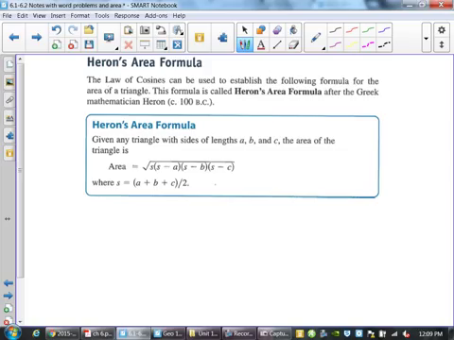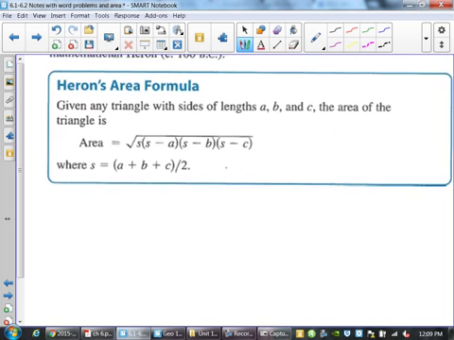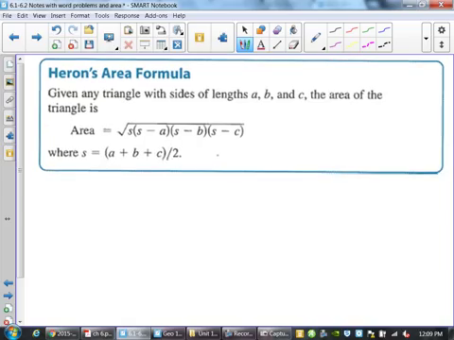I think we might have touched on this last year in my Algebra 2 class. It's just a nasty formula if you only know the three side lengths. If you have the three sides, this is really ugly looking. This is what's called Heron's formula. It's another way to find the area of a triangle if you know only the three sides.